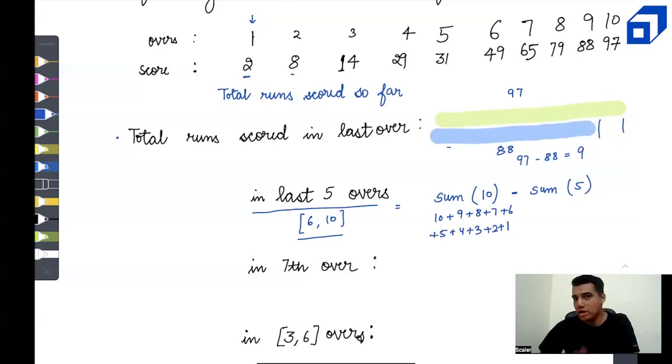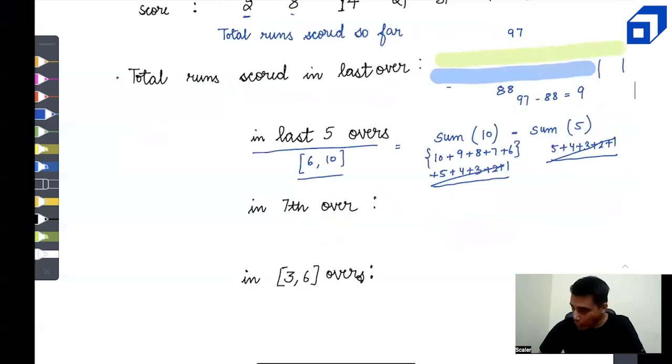It is giving me the total runs scored in these individual overs. And the sum of the first 5 overs is giving me the sum of runs scored in these individual overs. If I subtract this part from this part, then this would get cancelled out and I would be left with only the runs scored in the 10th over, 9th over, 8th, 7th, and 6th.